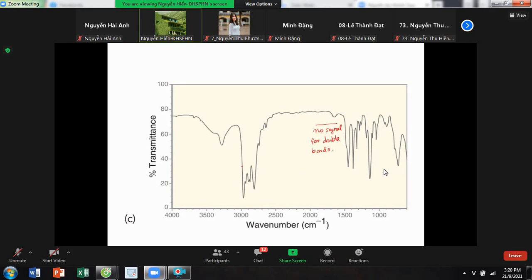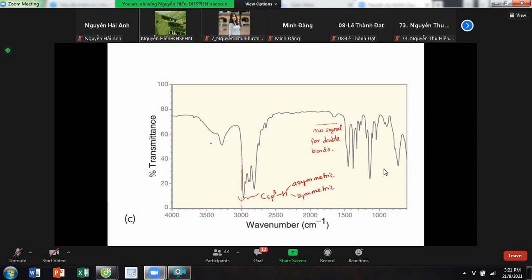And you see just below 3000 several peaks, and they correspond to C sp3-H, asymmetric and symmetric.